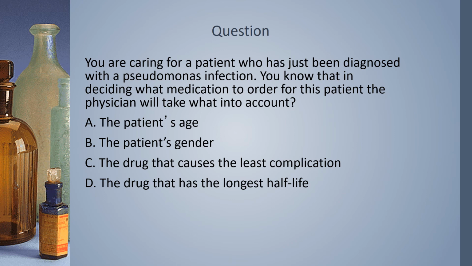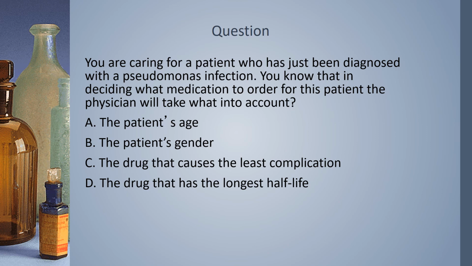Okay. So there are some of these that I might consider, like the patient's age, but is that something I'm going to consider every time? No. This is a question where we want to know in general which of these things I would always want to take into consideration.